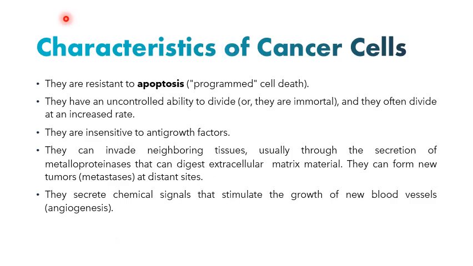So, as we said, what are the characteristics of the cancerous cell? They are resistant to apoptosis. Now, apoptosis is cell death. As we know, when there is damage in the cell, in any part or any process, it will be sent to apoptosis to get rid of the damaged cell.